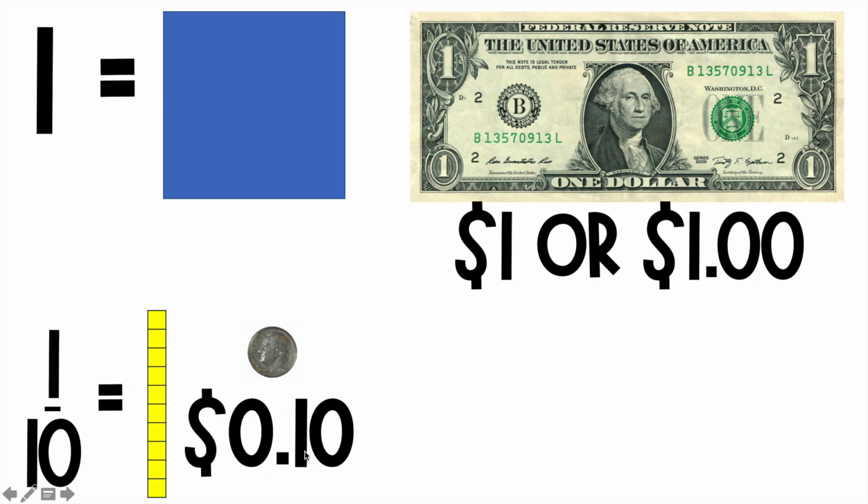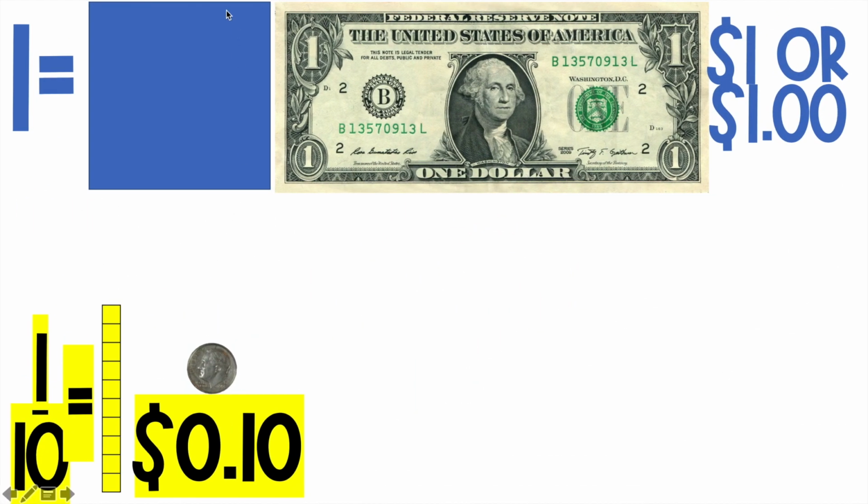So I need 10 tenths to make one whole. That's why whenever I only have one dime, I have a 1 in my tenths spot, because I only have 1/10 needed to make my whole. I only had one of the 10 pieces I need to make a whole.